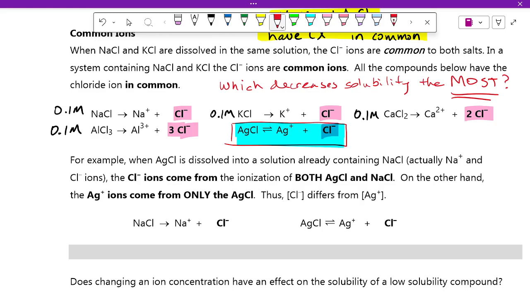But it's a balanced equation. There's still 3. AlCl3, 0.1.